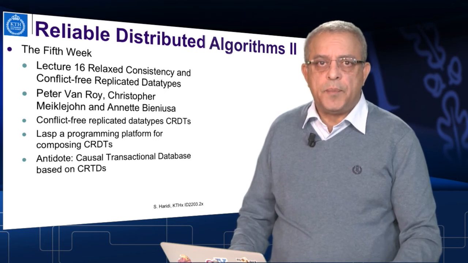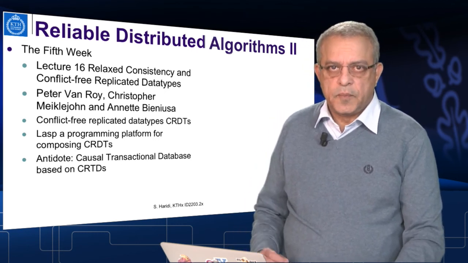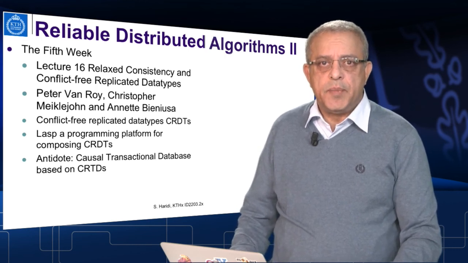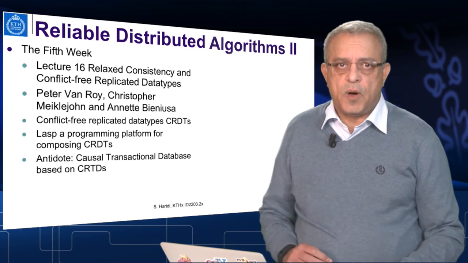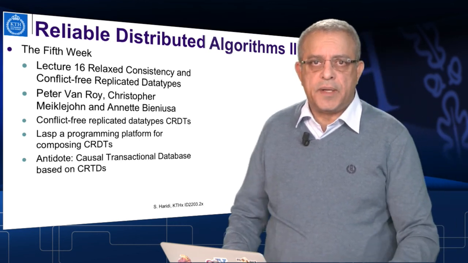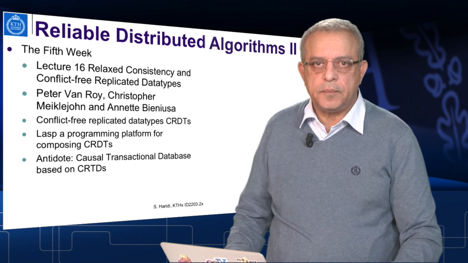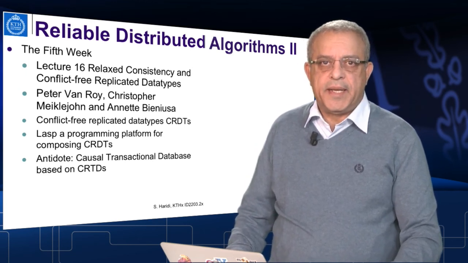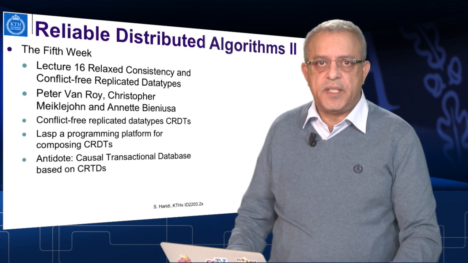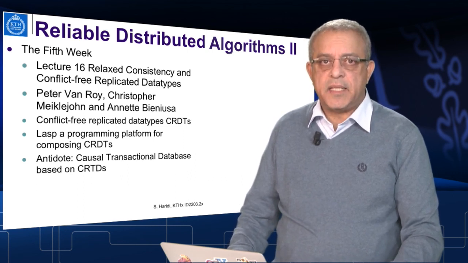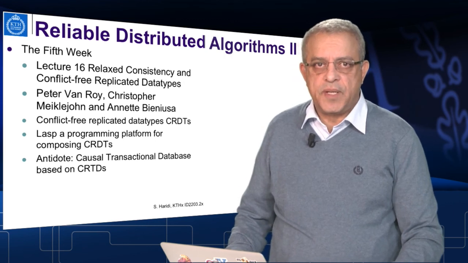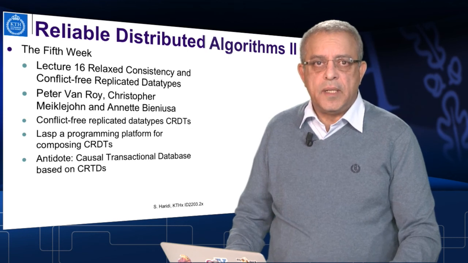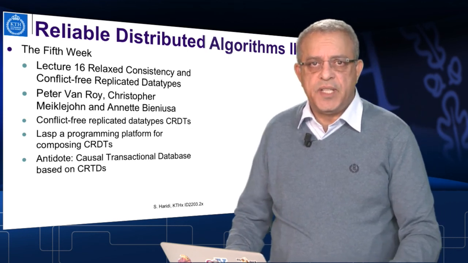This lecture offers one possible solution, which is designing most of the services of the distributed system based on a form of monotonic data types that tolerate latency. This lecture covers conflict-free replicated data types, CRDTs, Lasp, a programming platform for composing CRDTs, and Antidote, a causal transactional database based on CRDTs.